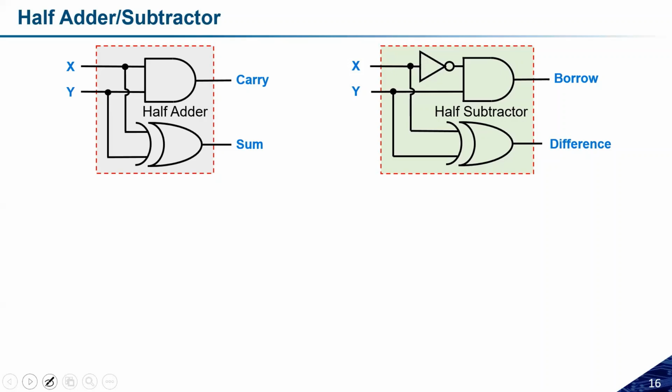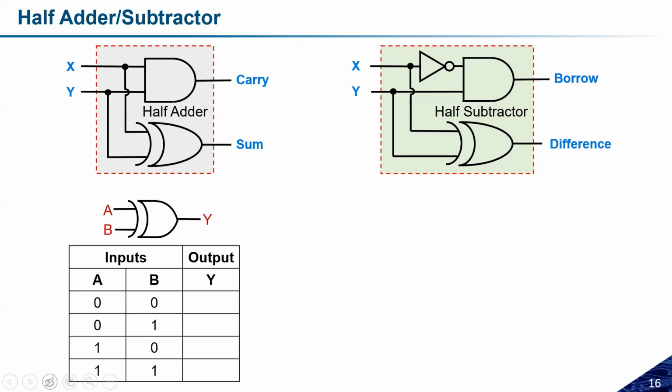Absolutely correct. See here, we know the property of the XOR gate. Suppose I have an XOR gate, and we have two inputs A and B, 0 0, 0 1, 1 0, 1 1, and that gives 0 1 1 0. If I fix one of the inputs as a control signal, I can get either the same output or the complemented output.